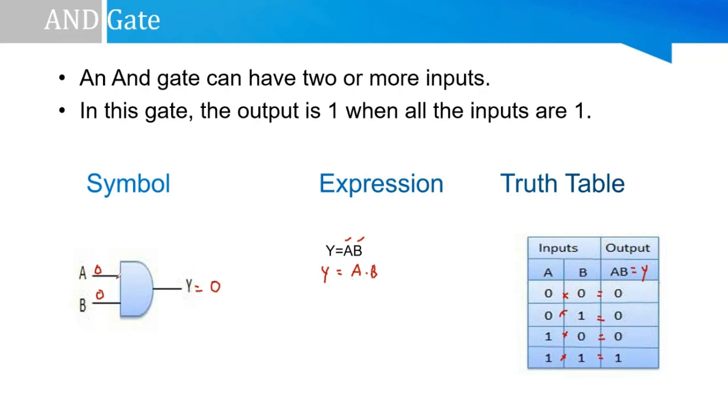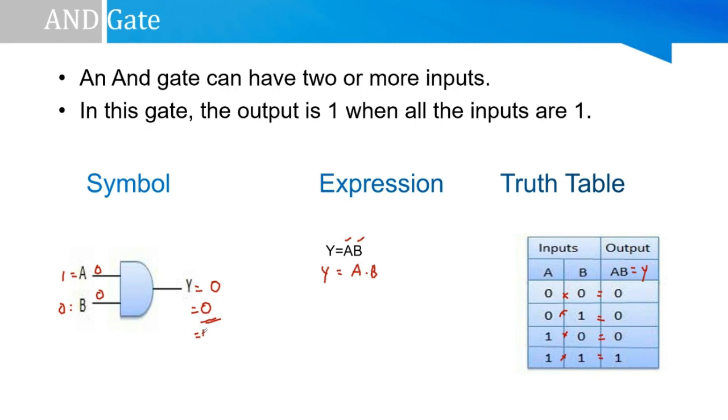Suppose input A is 1, B is 0. It is giving the output as 0. 0 is also an output. Whether 0 or 1, it is an output.